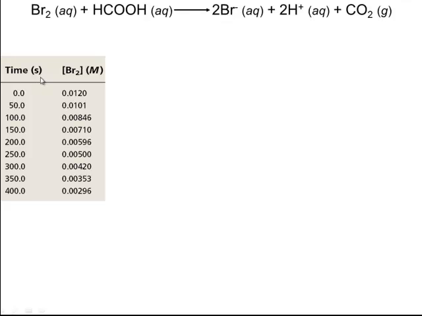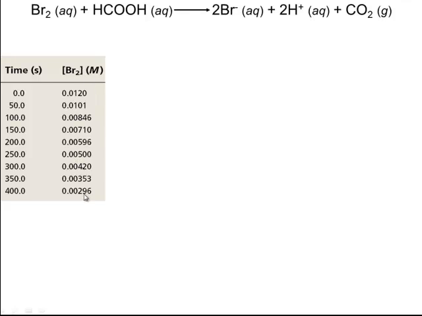This table represents the progress of the reaction in terms of concentration of bromine. As you can see, the concentration of bromine at 0 time is quite large. After 50 seconds, the concentration of bromine has fallen from 0.012 to 0.0101. So with progress of time, the concentration keeps decreasing.